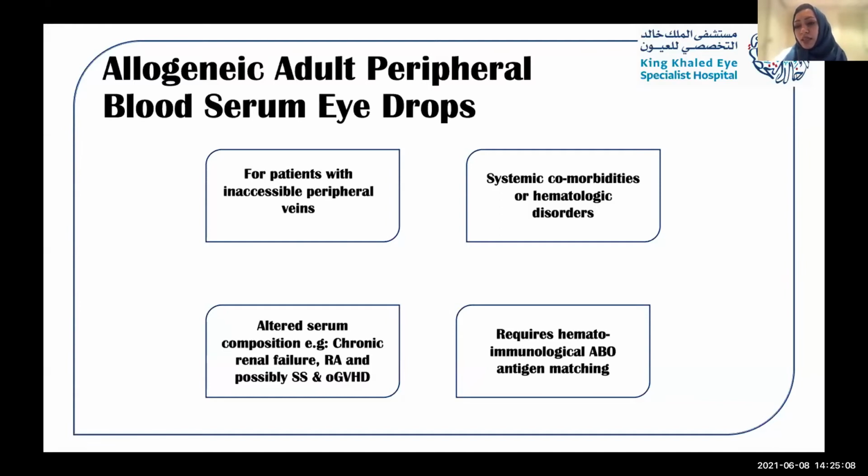In that case, they use allogenic serum drops, where they take the blood from a different person. However, they need to have blood grouping and hematoimmunological AB antigen matching for that.